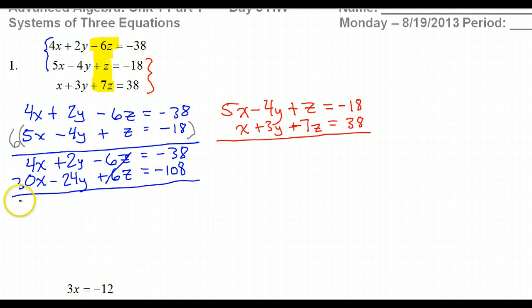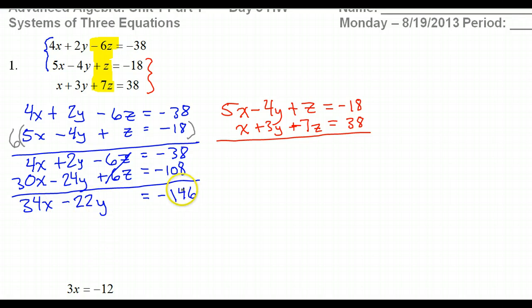And so now I have 34x minus 22y is equal to negative 146.